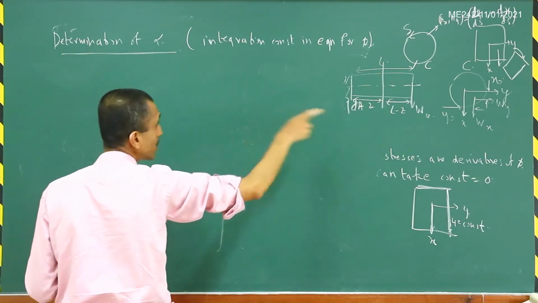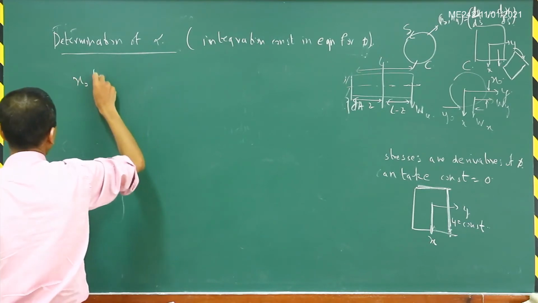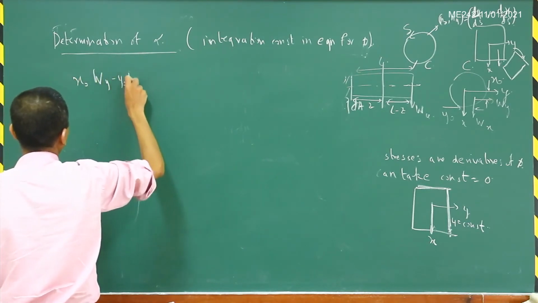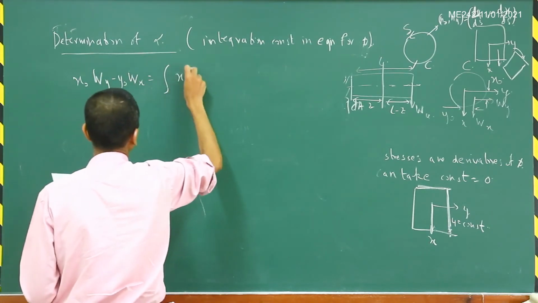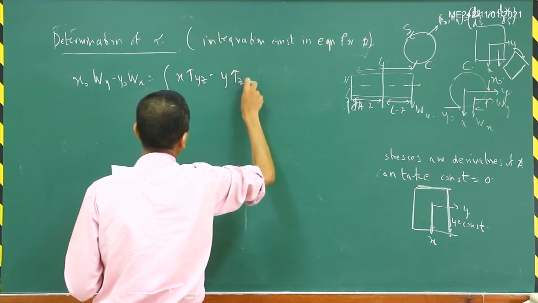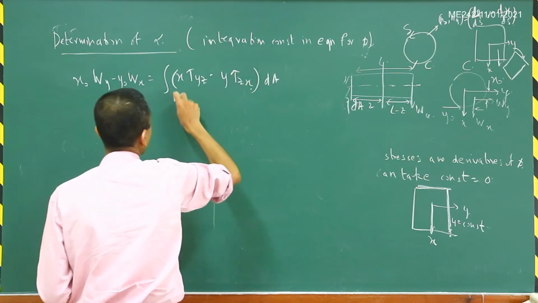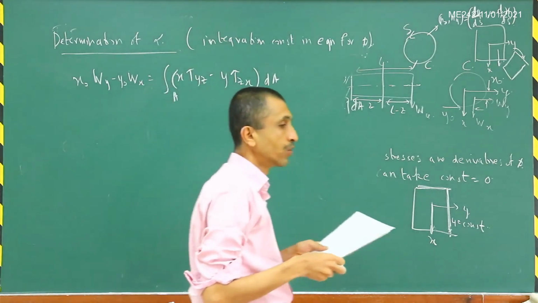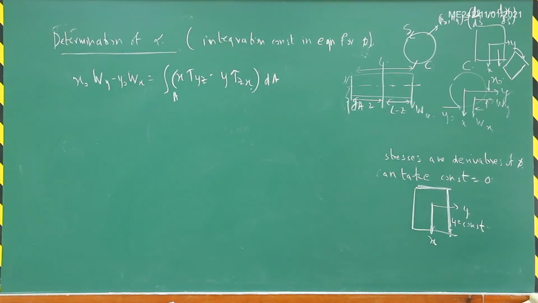We will use the moment equation, that is x naught times wy minus y naught times wx is equal to the integral of x times tau yz minus y times tau xz times dA. That is the usual expression for the torque about the z-axis.